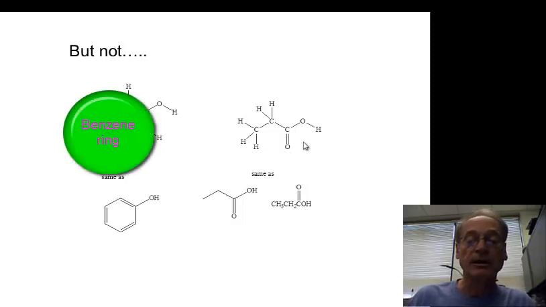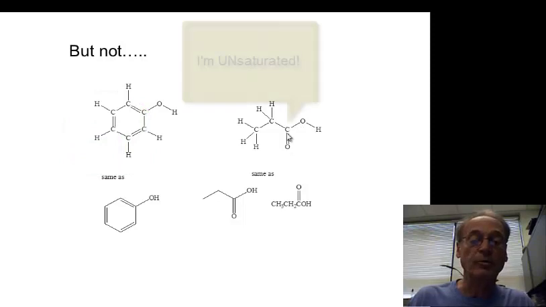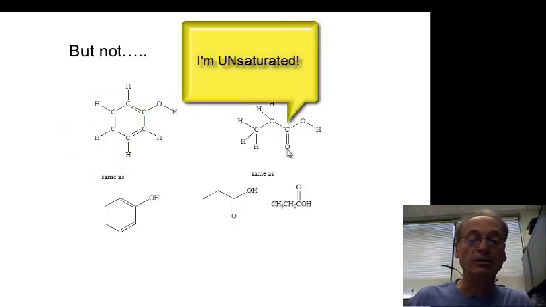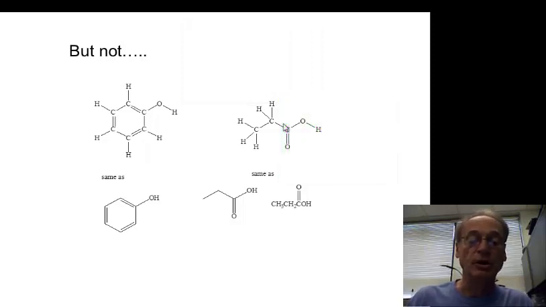Similarly, this compound right here has an OH group, so it seems like it should be an alcohol, but it's not because the oxygen of the OH group is attached to a carbon with a double bond. In this case, it's a C double bond O, which makes this whole thing with the OH group and the C double bond O a different functional group that we will consider here in a few minutes called a carboxylic acid.